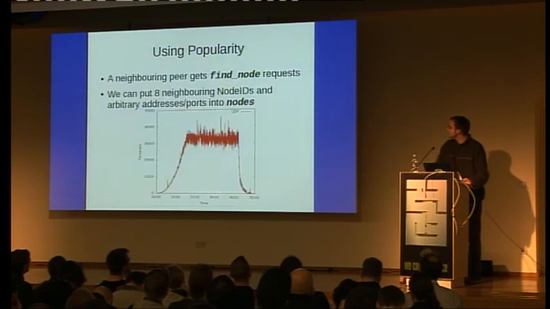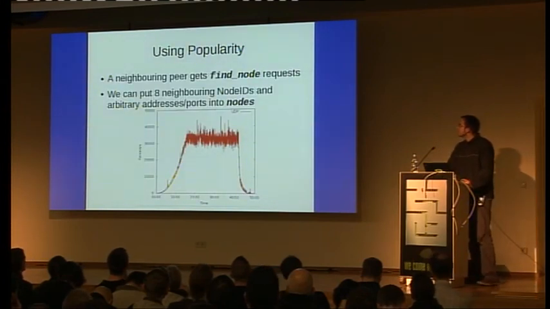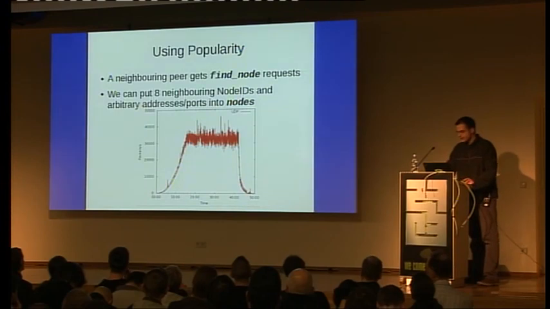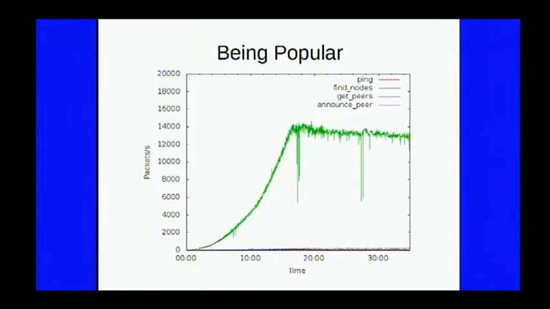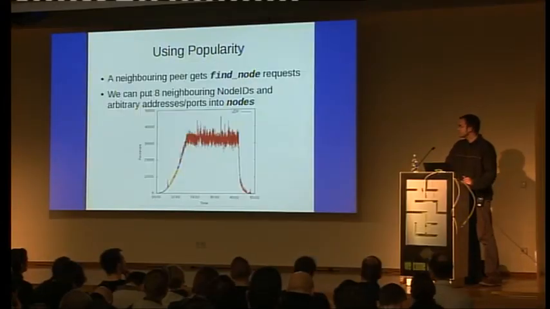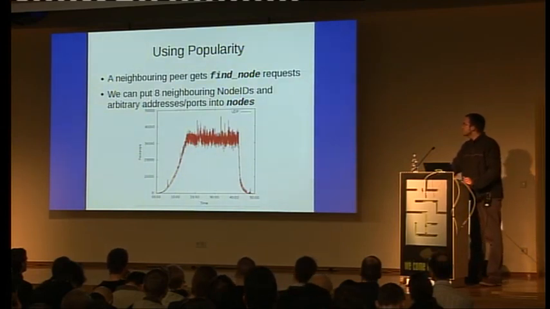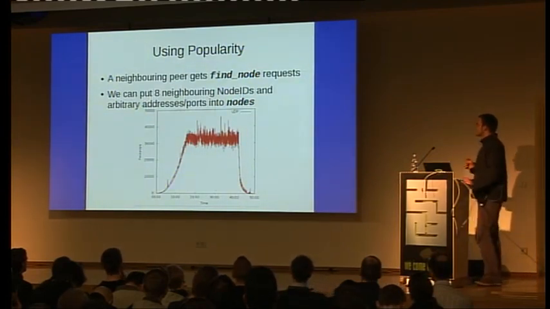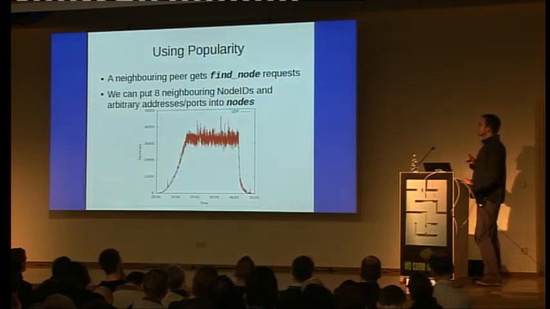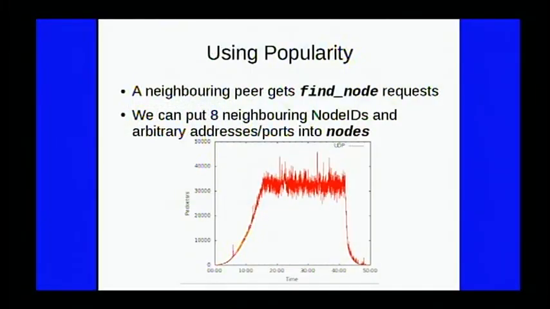How do we use that popularity? We ourselves get find node requests, as you can see here, and of course we can respond with 8 node IDs and addresses and ports. And this is a test where I put 8 UDP ports into those find node responses, and the impact, in terms of the packet rate, is quite higher than the traffic we have.